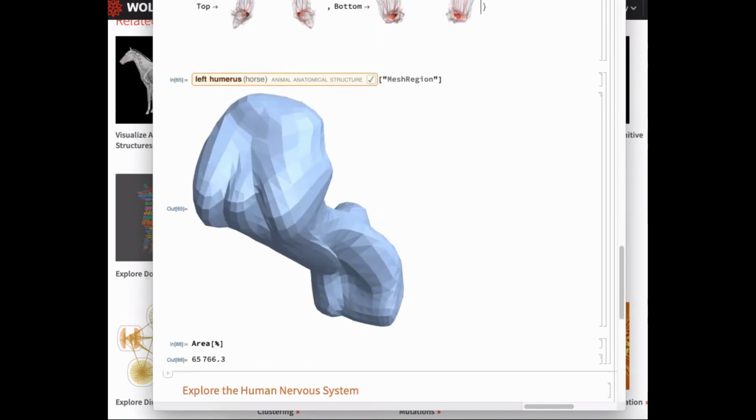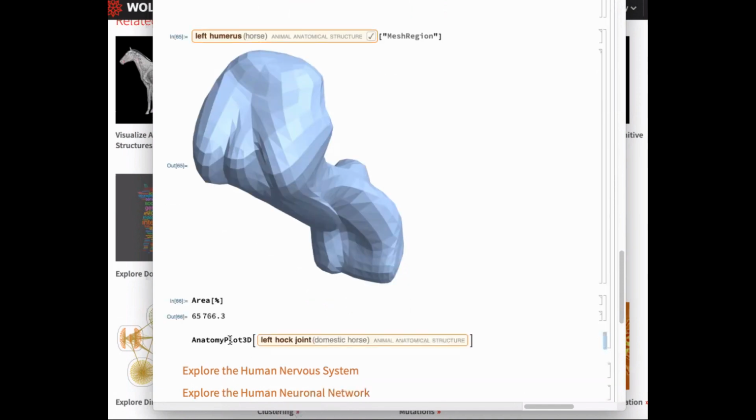And additionally, you can make use of built-in graphics functions to explore the internal structures of an animal body. In this example, we use the AnatomyPlot3D function to visualize the joint of a horse.